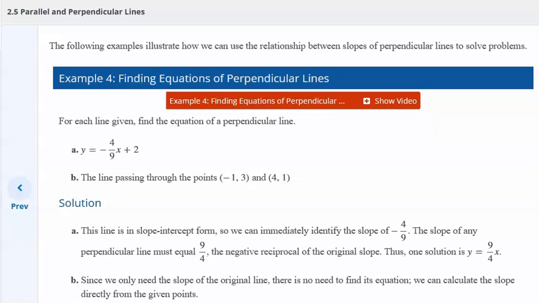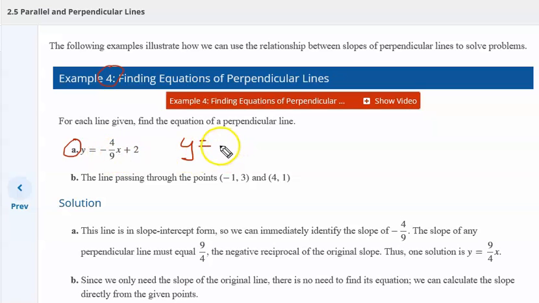In example 4 now, example A, what would be an equation that would be perpendicular to this? Well, it's going to be one whose slope is the opposite sign reciprocal of this.